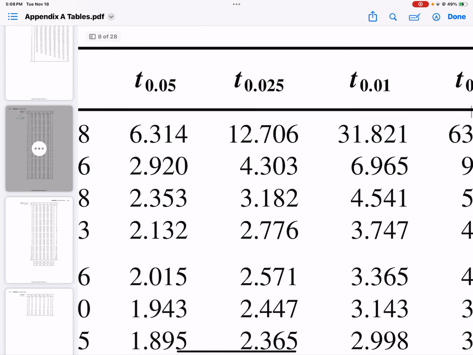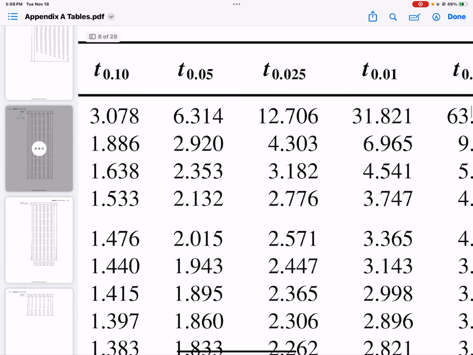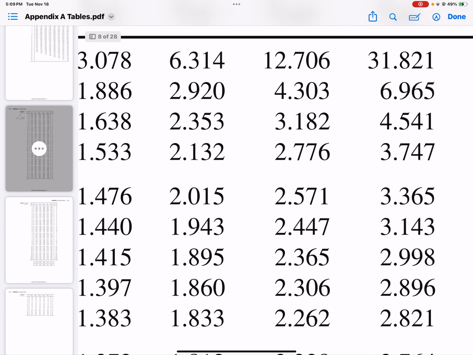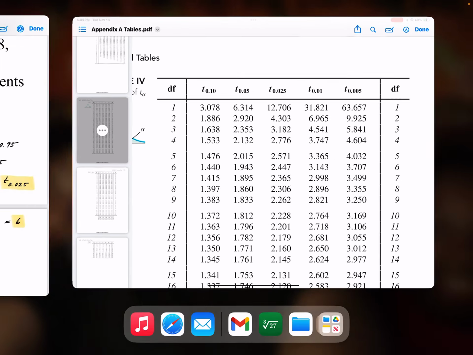You see it right here in the center of the screen with degree of freedom 7 minus 1 or 6. Can you see that that's 2.447? Okay, 2.447, degree of freedom 6, and T sub 0.025.